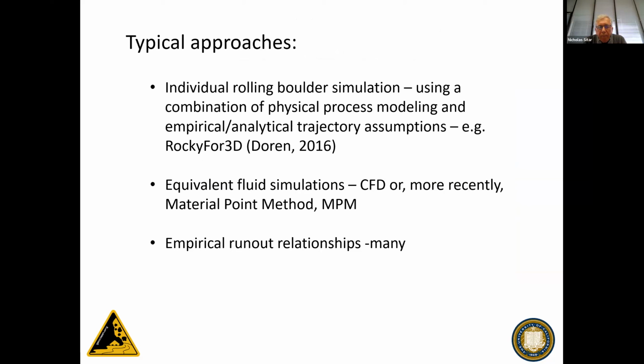And then, of course, there are many empirical runout relationships, and you can back analyze slopes the way people do for regional. And I think Ben showed a really nice way of approaching that kind of a problem, but it's empirical, and empirical is great. There is nothing wrong with it. The question is, can you do something more specific?